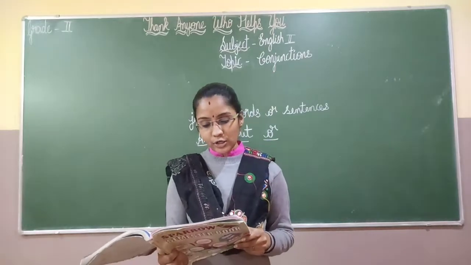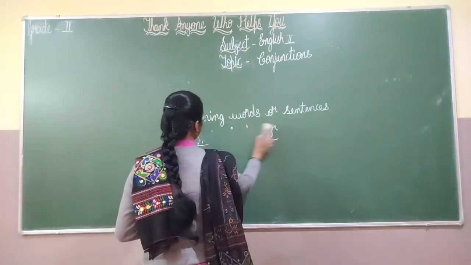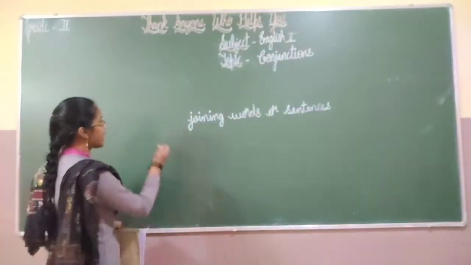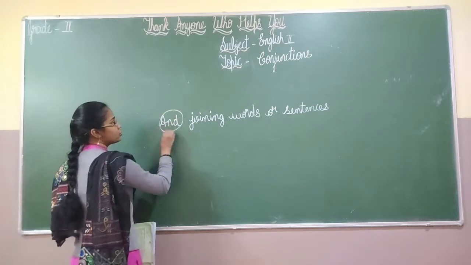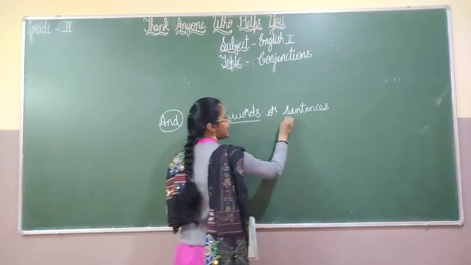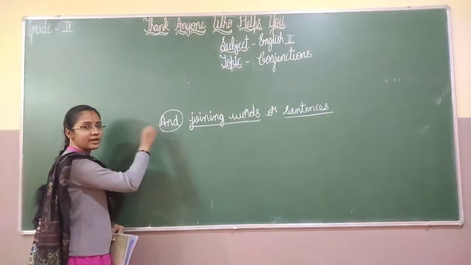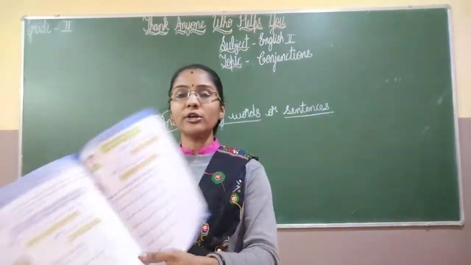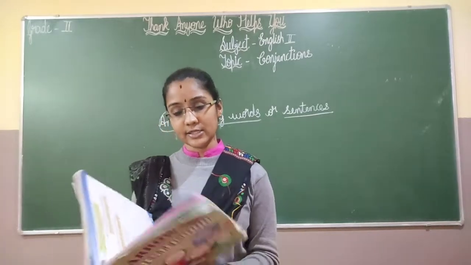First one, we use and to join words and sentences. To join words or to complete sentences, what conjunction word are we going to use, children? We are going to use and. You can look into your textbook, everyone, while I am reading the sentences.